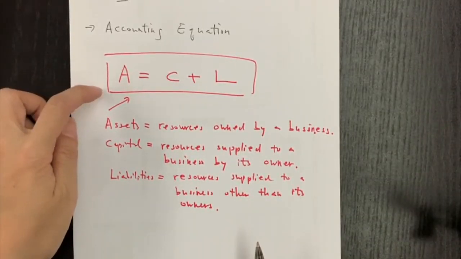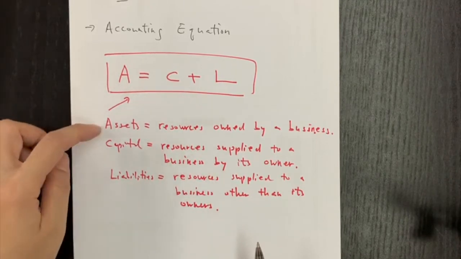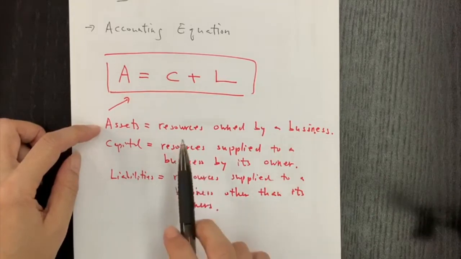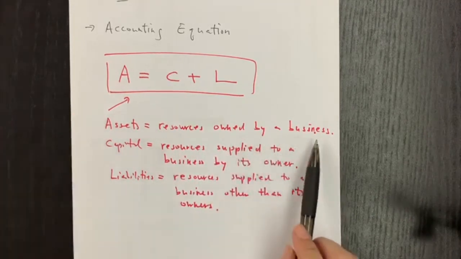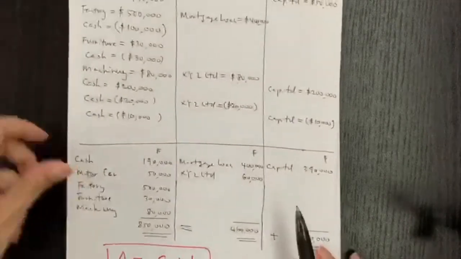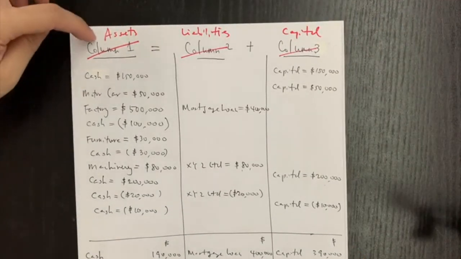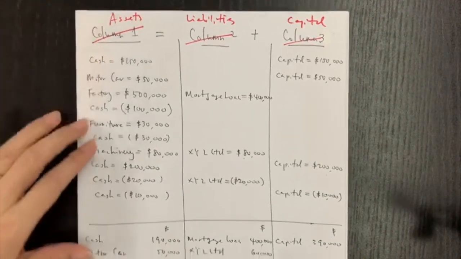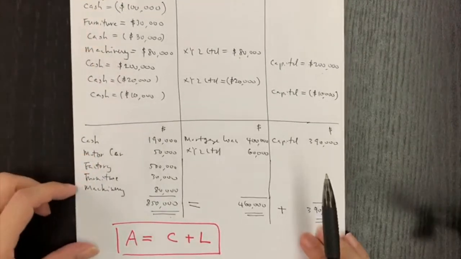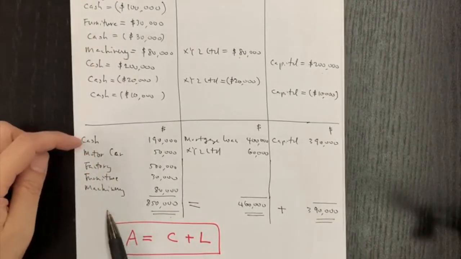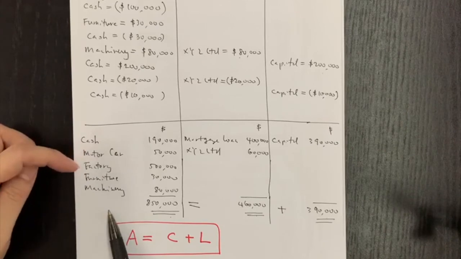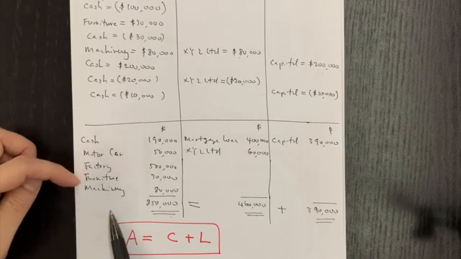Accounting equation says that A is equal to C plus L, and A stands for assets, and assets are resources owned by a business. For example, all things in column 1 we call assets. The business has cash, motor car, factory, furniture, machinery.